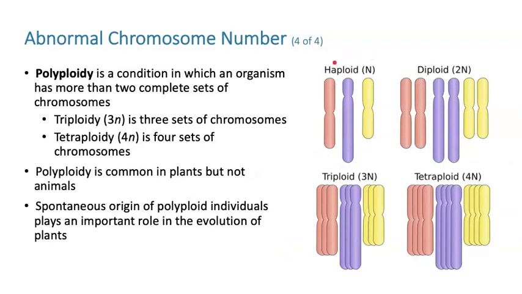You can think about the haploid number, like when you make gametes, and the diploid number, which we consider the normal number. But if a haploid gamete fuses with a diploid gamete, which can happen in plants, you would have a triploid offspring.